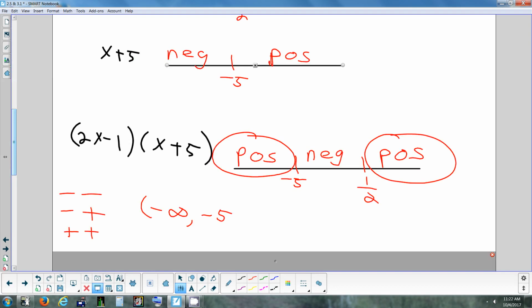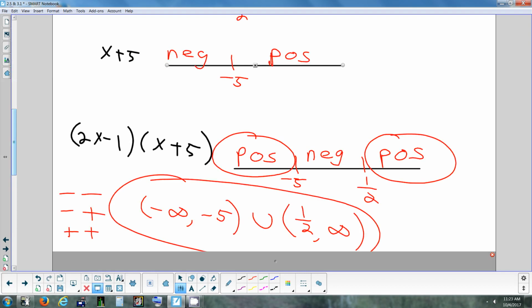If you include -5 with a bracket, you would equal 0. Okay, so you don't want that. So pick anything from negative infinity to -5, or how would you describe that second interval where you're positive? From 1/2 to positive infinity. So you can pick any number that's in those two intervals, and the result will always come out positive.